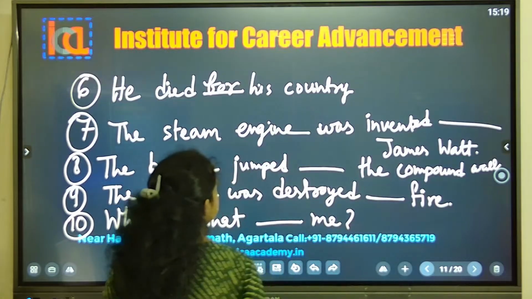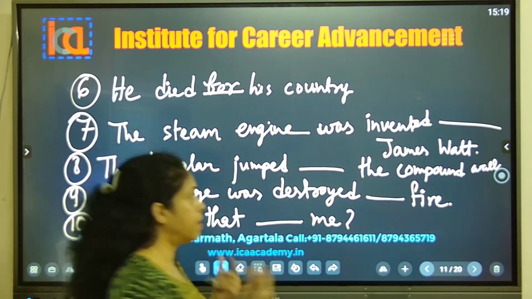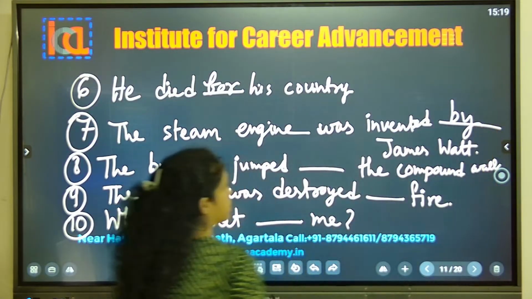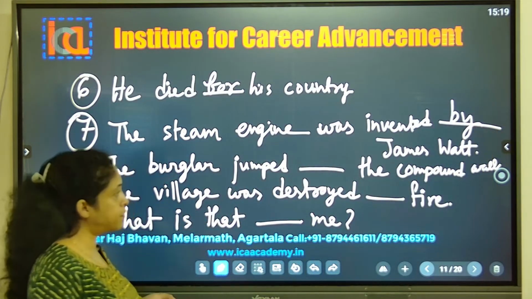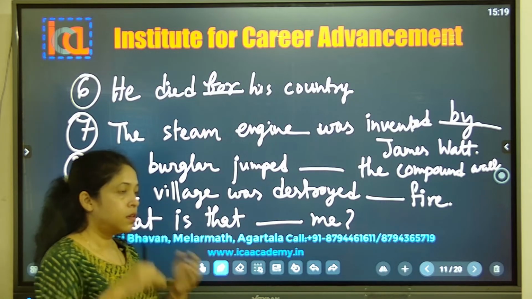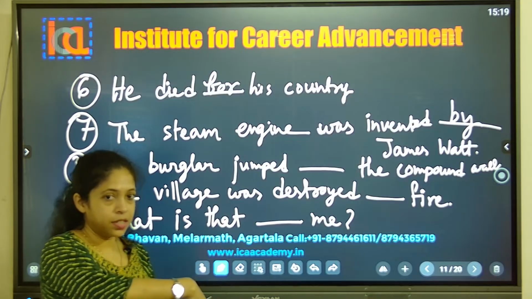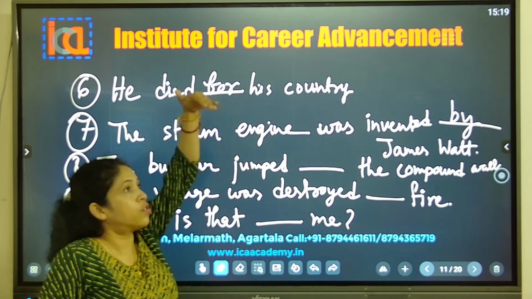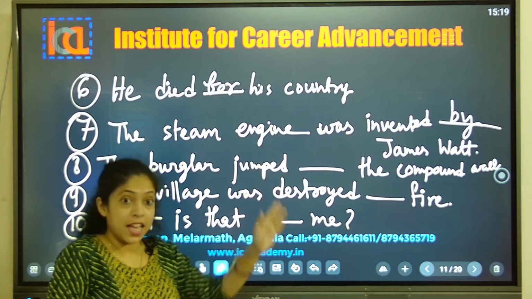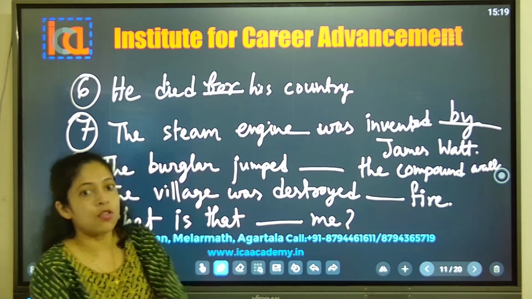So the steam engine was invented by, that's the correct one, by. The burglar jumped off the compound wall. Jumped off means on the top, he has jumped, but here it is jumped over, because from somewhere he was just crossing.